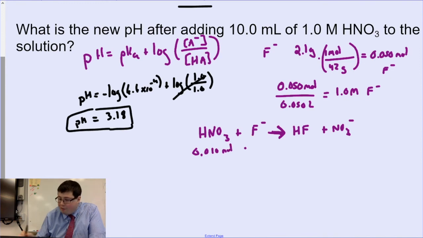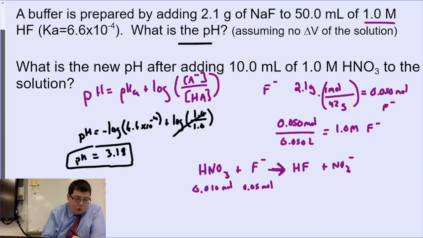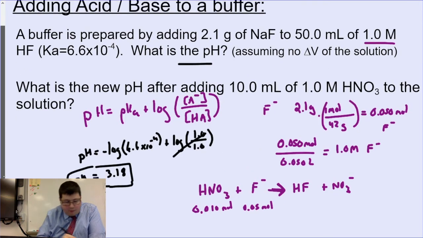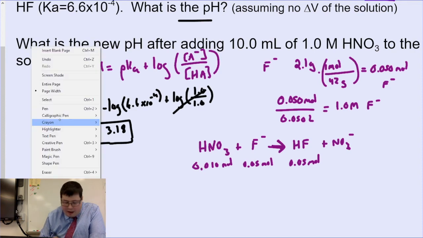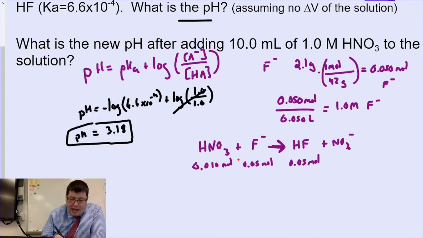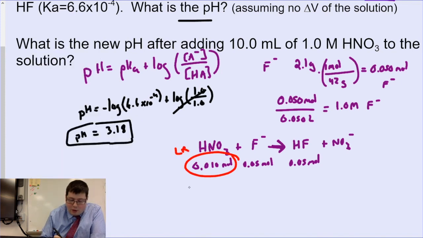Now, I started off with 0.05 moles of my F minus, and for the HF, I have 50 mils of a 1 molar solution of that. That's also, fortunately, 0.05 moles. Now, looking at the stoichiometry, this is going to be my limiting reagent because there's less amount of my HNO3 than there is anything else. And so that's going to go to completion.